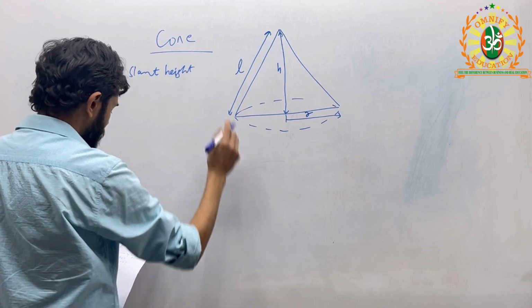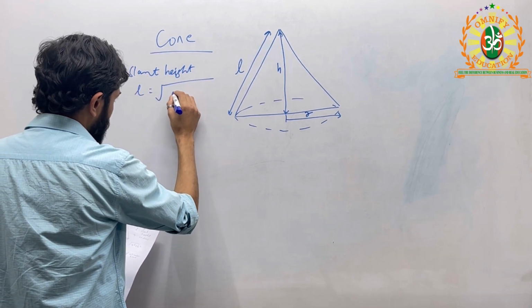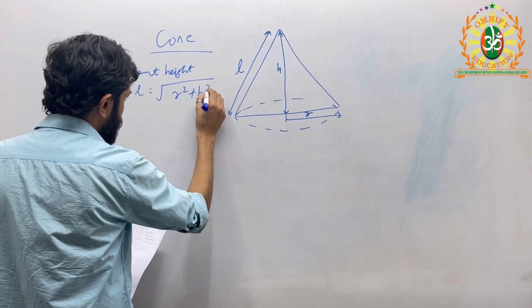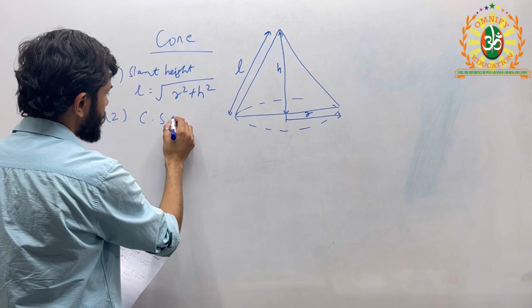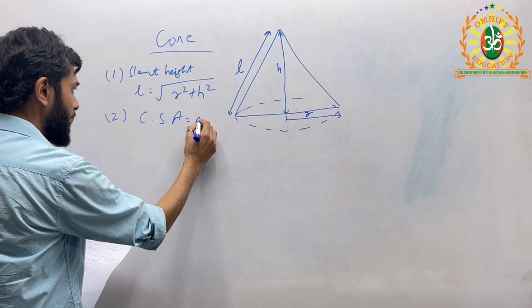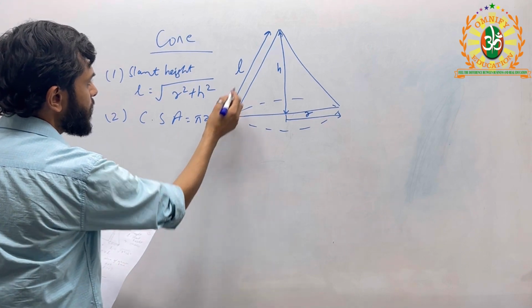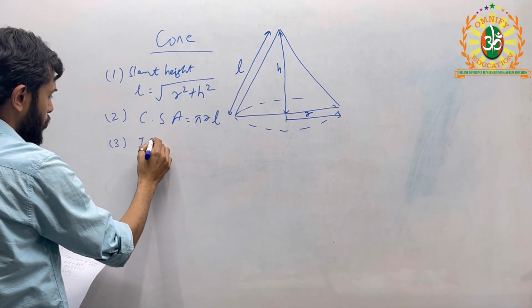The slant height is calculated as L equals under root r square plus h square. Second, the curved surface area of the cone is pi r L, where L is the slant height and r is the radius.